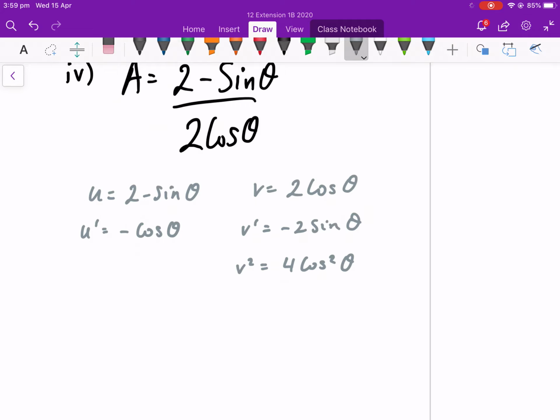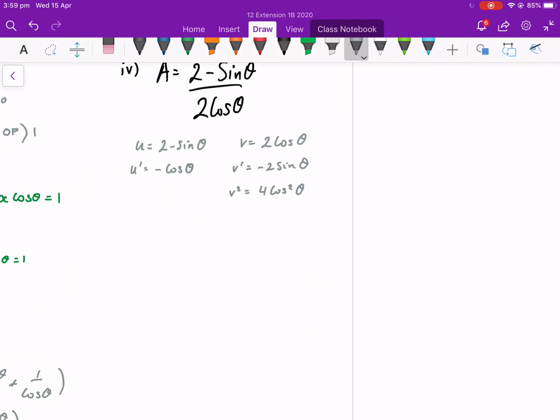Now, when we go ahead and use the quotient rule here, we have u dash times v, so negative cos theta times 2 cos theta. So if we get dA on d theta, negative cos theta times 2 cos theta is negative 2 cos squared theta, minus (2 minus sine theta) times negative 2 sine theta.